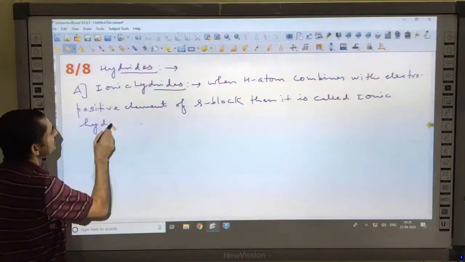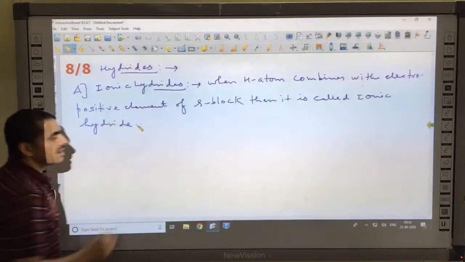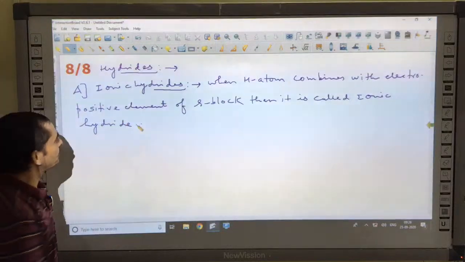S block elements means first group and second group.